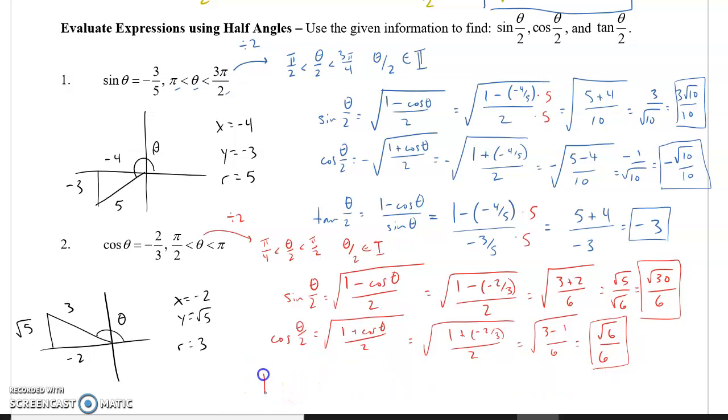Alrighty. And then for the tangent of theta over 2, I'm just going to go ahead and divide the sine. Why reinvent the wheel? Divided by the cosine. The 6's cancel out, and root 30 over root 6 reduces to root 5, and that would be the tangent of theta over 2.